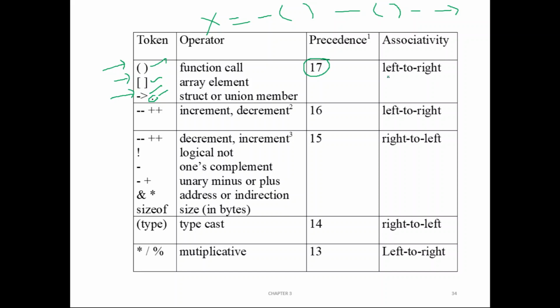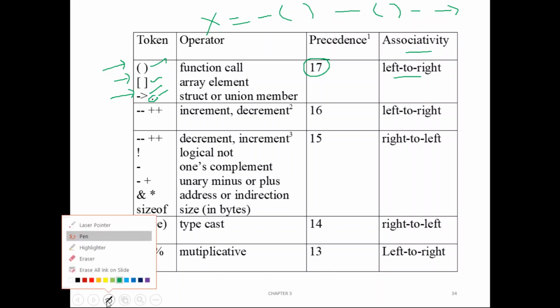For that it follows the associativity rule. For these tokens, the associativity rule is left to right. So first this part will execute, then this part, and then this arrow part. So it has the highest priority. In an expression, if there is a bracket or structure access, that will be performed first.